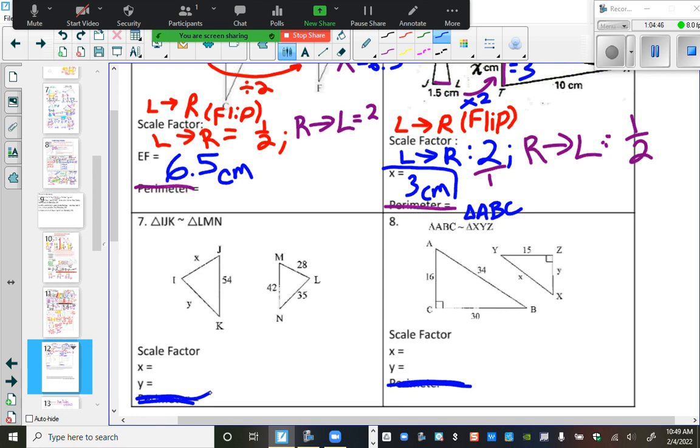All right, let us talk. Notice right away, figure out what sides correspond to what other sides.